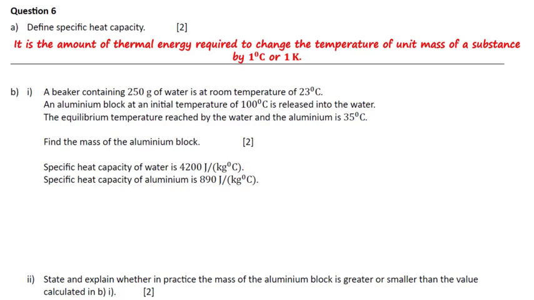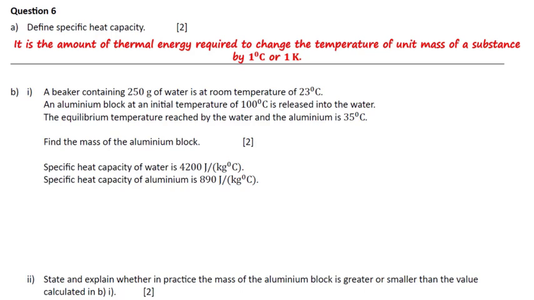Et on nous donne specific heat capacity of water, 4200 joules per kilogramme per degree Celsius. Et puis, specific heat capacity of aluminium, 890 joules per kilogramme per degree Celsius. Alors, ici, nous avons le concept de heat gain égale heat loss.